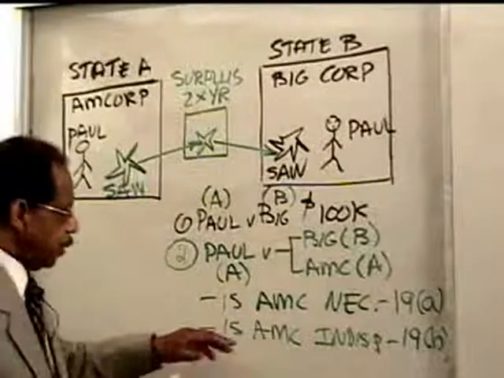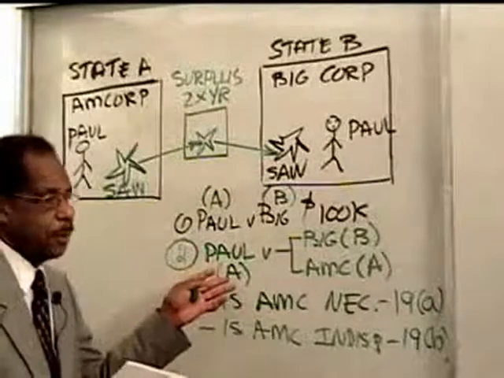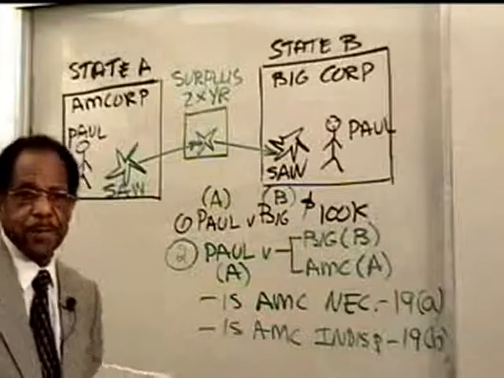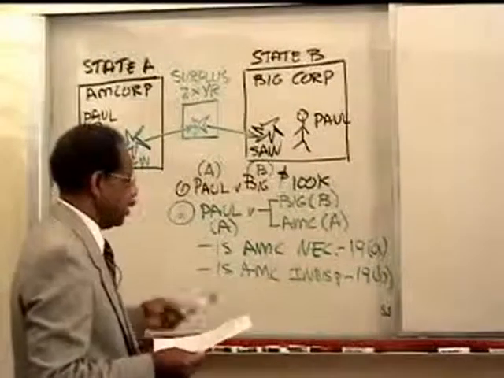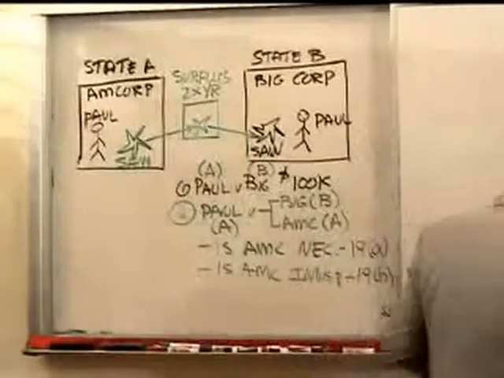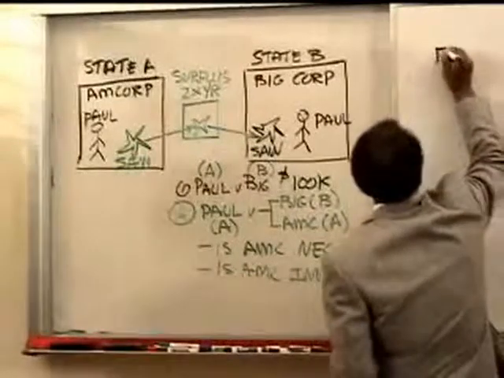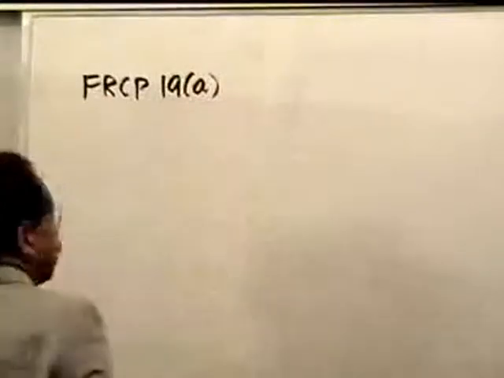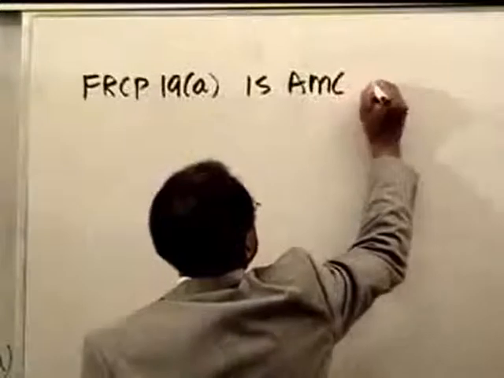If Amcorp is indispensable and Paul cannot join them, then the case should be dismissed. But if Amcorp is not indispensable, the court should proceed without Amcorp. And so that's the basic question that we have to answer. And how do we decide that? Well, we decide that by going to this board, and over here we say 19A is, and we're asking now, is Amcorp necessary?